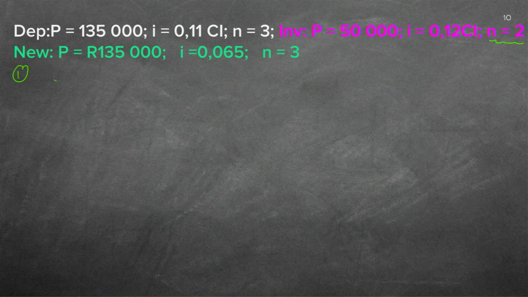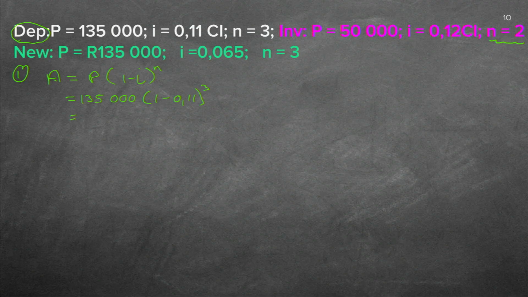Compound interest is always A equals P times 1 plus or minus i, because it's depreciation, minus i, to the power of n. Depreciation. Be very careful. I nearly wrote it plus now, but we're busy with the depreciated value. So I'm going to fill in everything I have. 135,000 times 1 minus 0.11 to the power of 3.